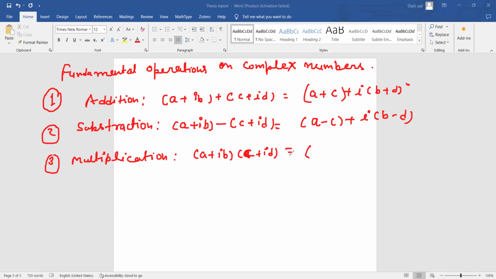So just multiply real part with real and imaginary part with imaginary. And you know i square is minus 1, so the real part will be ac minus bd. And the imaginary part will be a with the imaginary part, beside b with the real part. So what we get? bc plus ad.